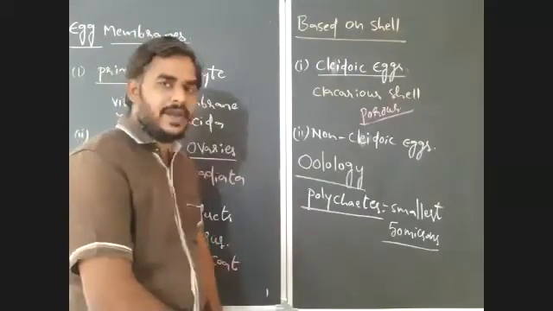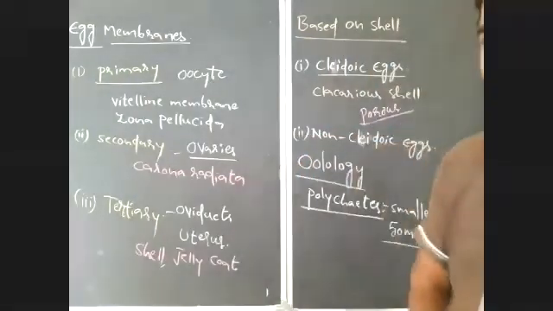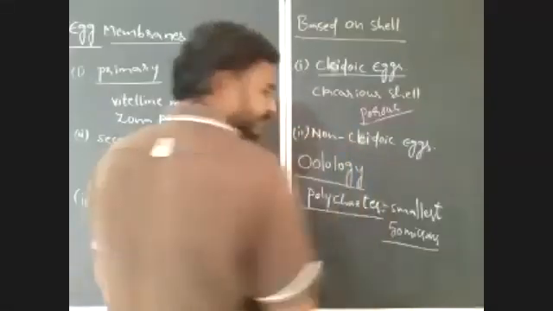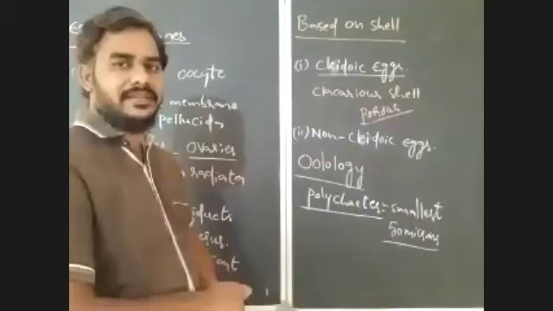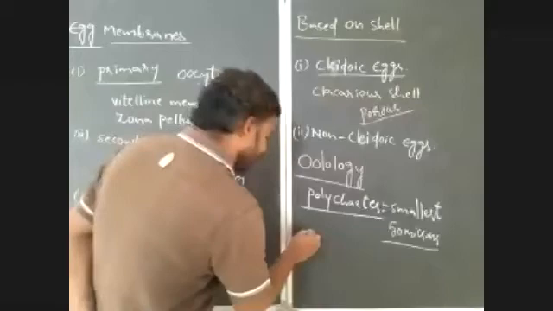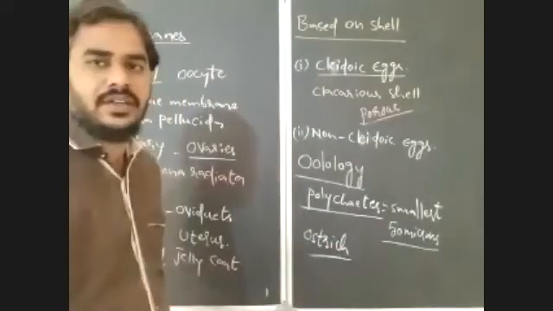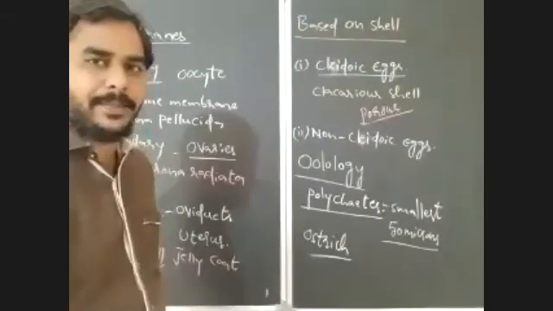And the largest egg is of Struthio camelus, the ostrich. The scientific name of this is Struthio camelus, the largest single cell in kingdom Animalia.